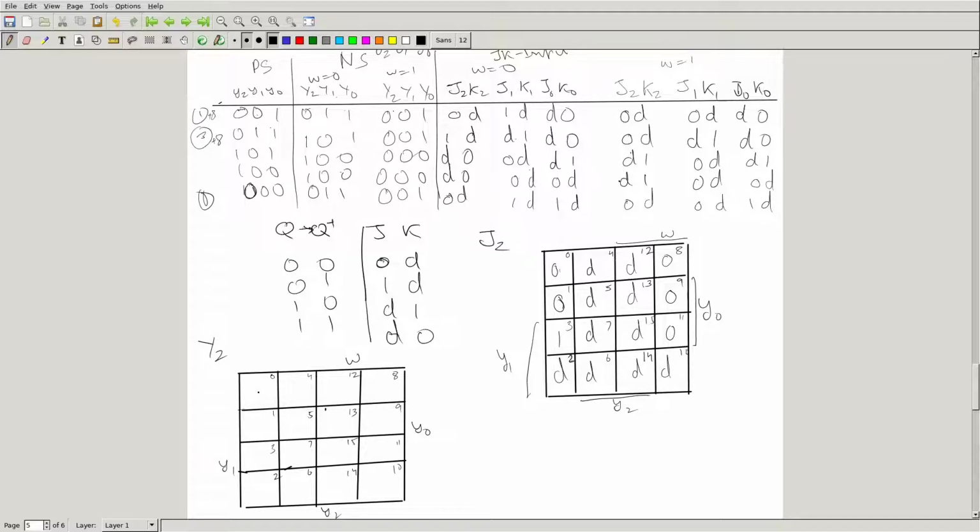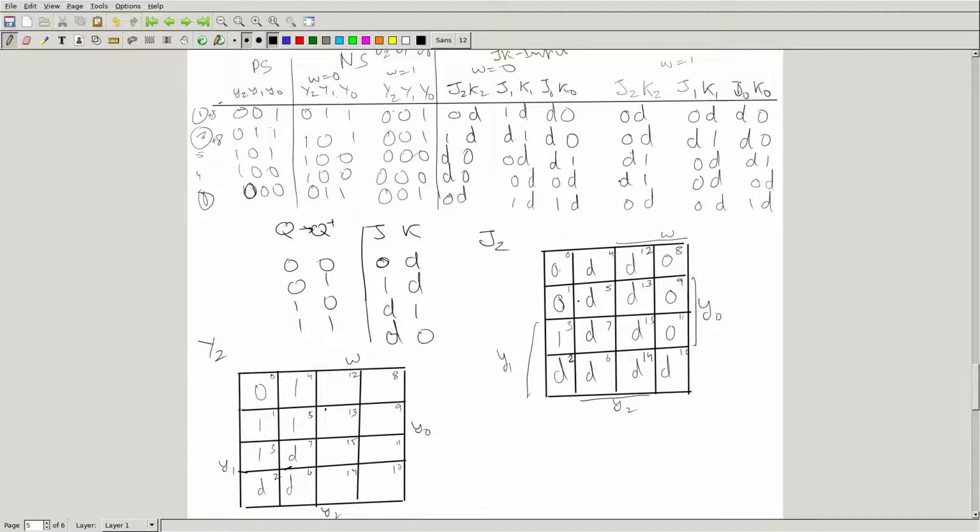For 1 we have Y2 as 0, for 3 we have Y2 as 1, for 5 we have Y2 as 1, for 4 it's again 1, and for 0 it's 0, and 2, 6 and 7 never occur, so they are D's.